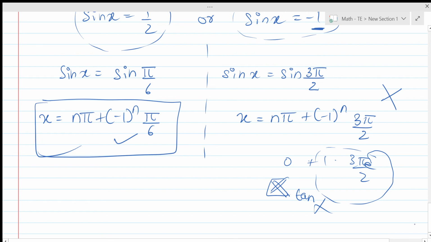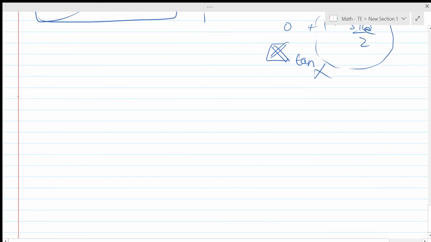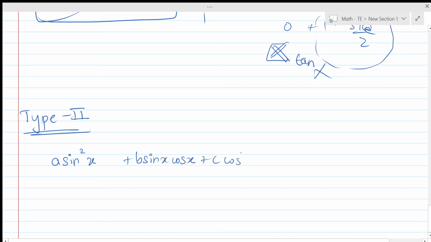So okay, let's move on. And there is a type 2, and after type 2 there is another one, and we are done for this video. A sine square x plus b sine x cos x plus c cos square x plus d is equal to 0.